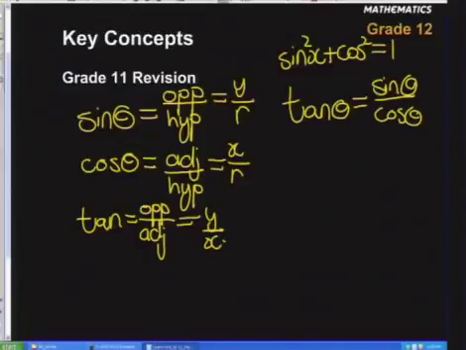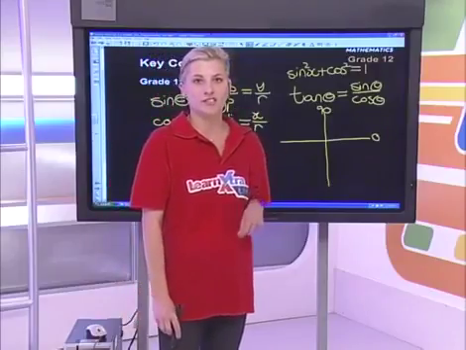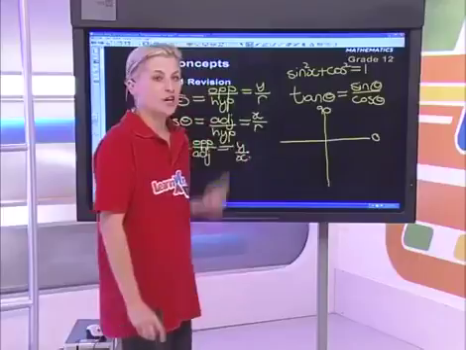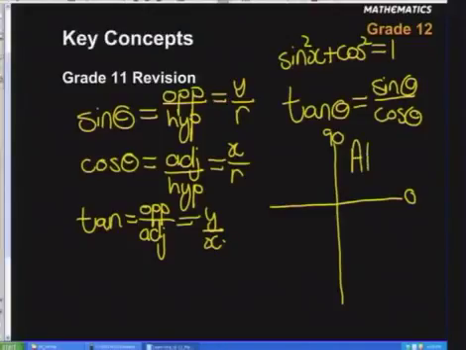And then let's have a look quickly at our different quadrants. Our first quadrant, quadrant number 1, runs from 0 degrees to 90 degrees. And in the first quadrant, all of our trig ratios are positive. So that means sine, cos, and tan, all of them are positive in the first quadrant.